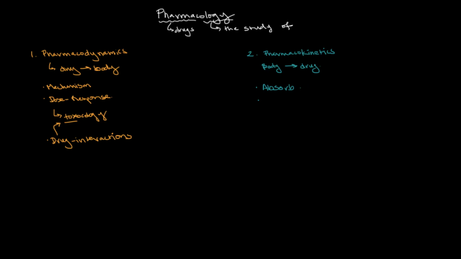So that goes through our mouth, into our stomach, and into our intestines. How is it absorbed? Different drugs are absorbed in different areas of the GI tract. Some drugs are absorbed in the stomach, while others are absorbed in the intestines, and that affects how the drug works. So that's important to study.